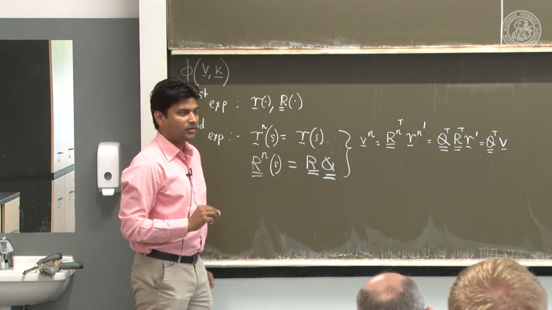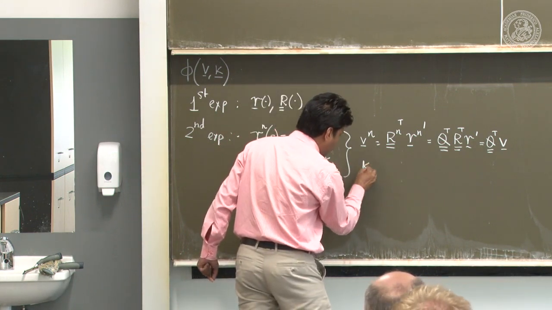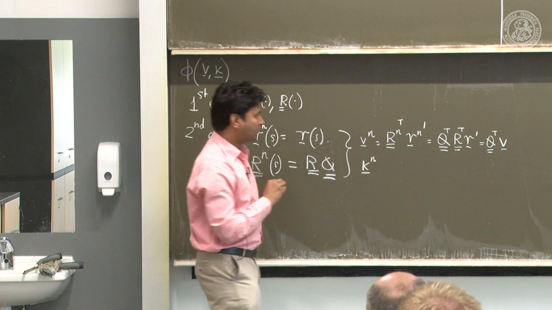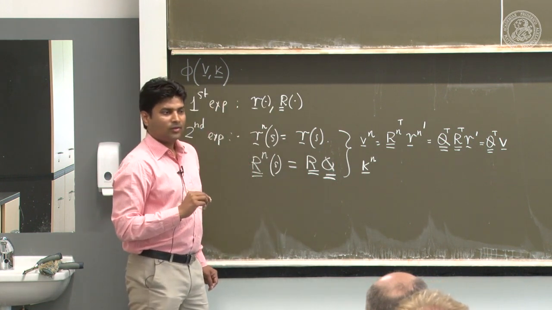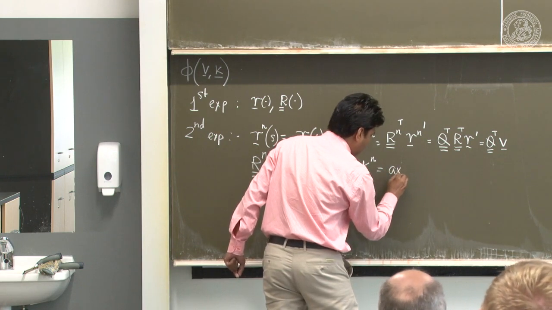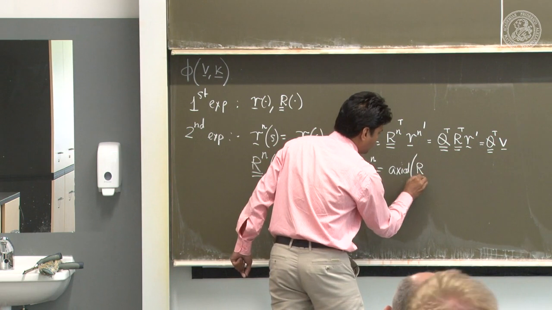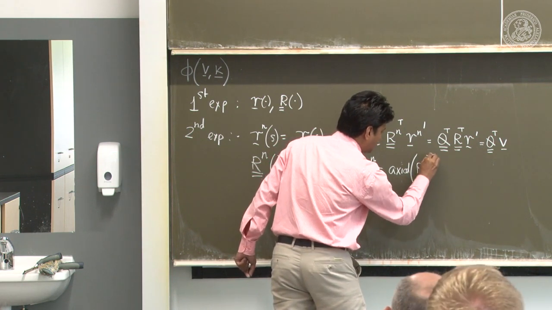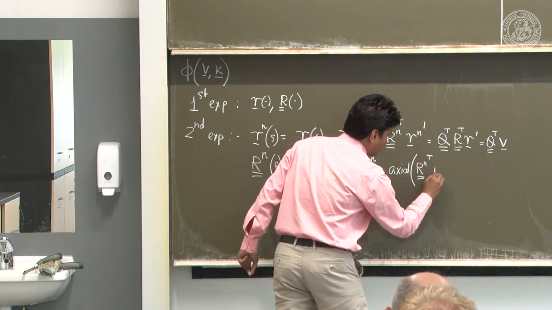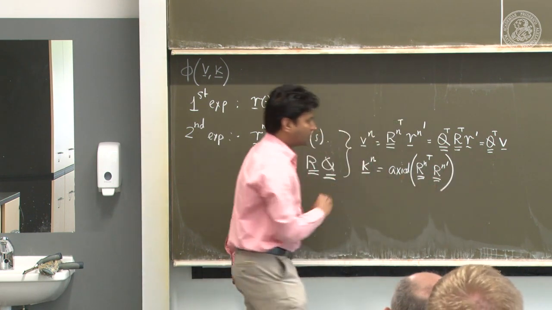Right? Then we talk about new K. What is K new? So K new is then again the axial of big R new transpose into big R new prime, right?